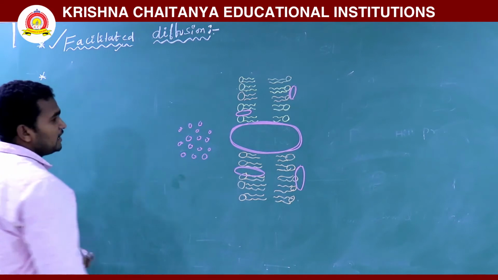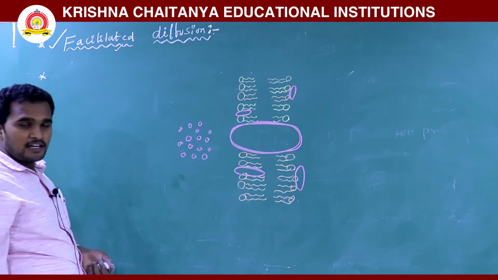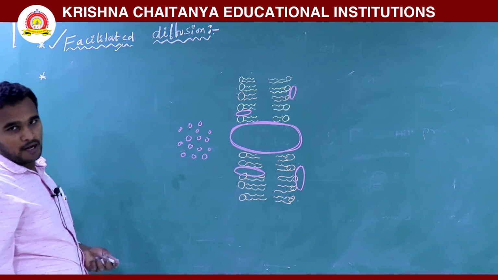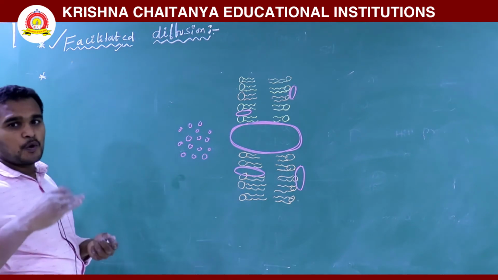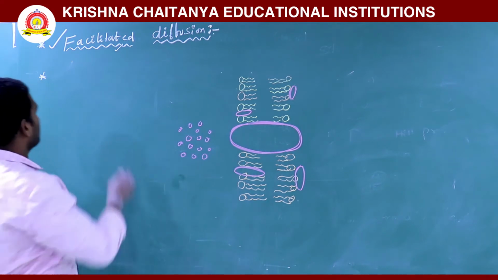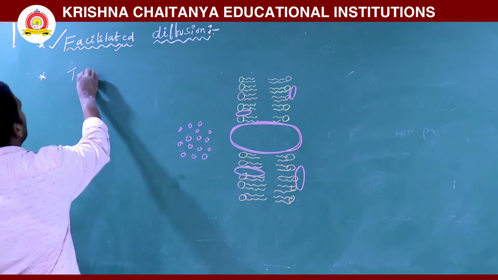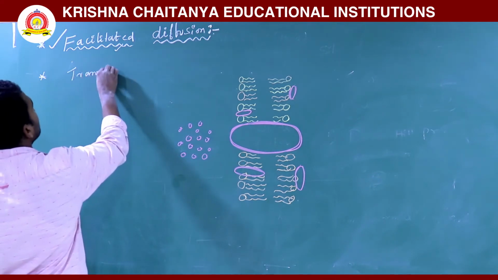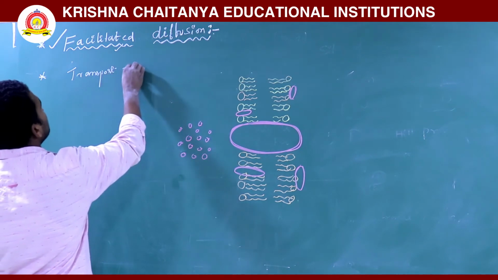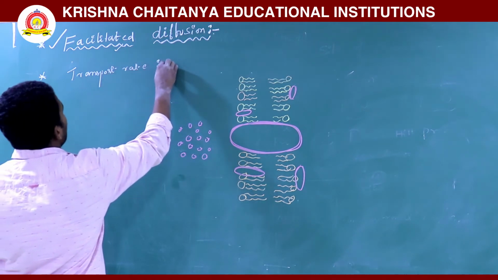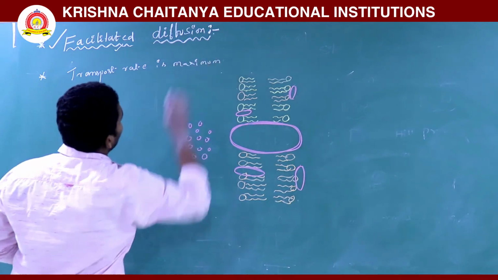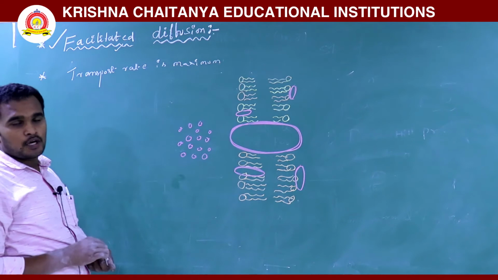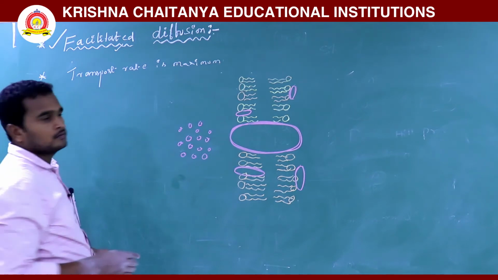In facilitated diffusion, what happens? Continuously, the transport rate becomes maximum.